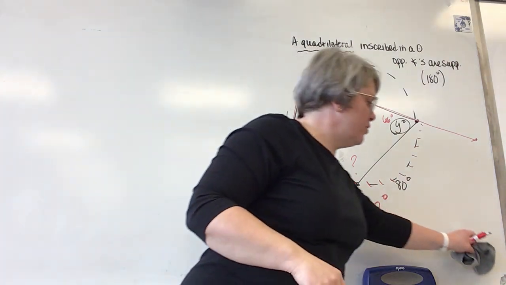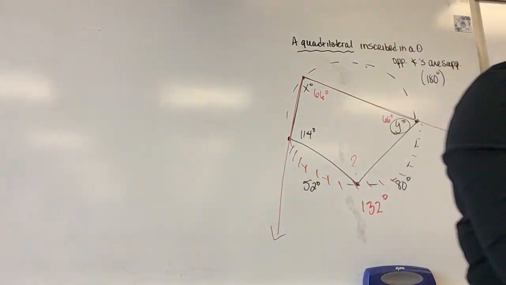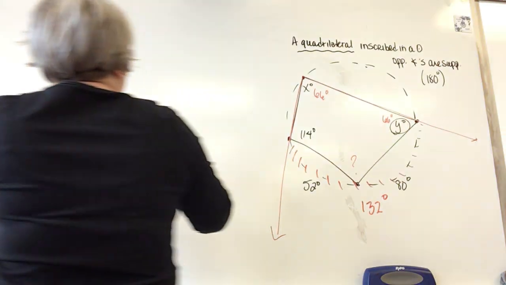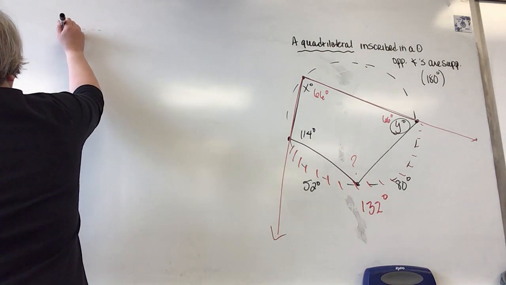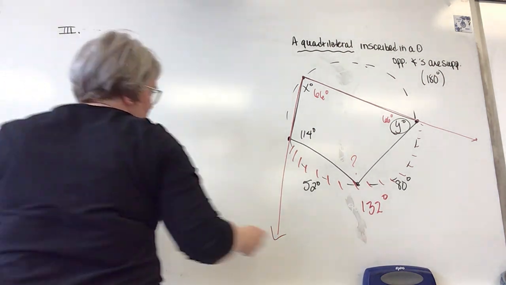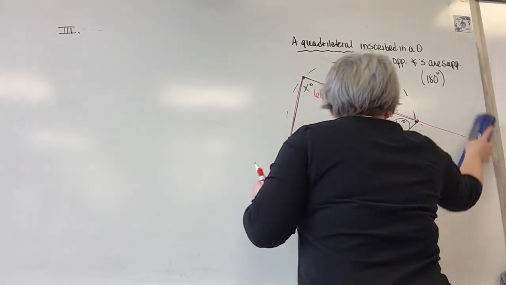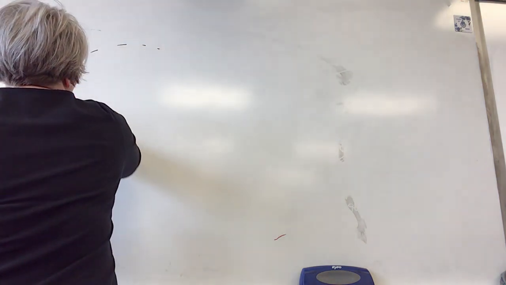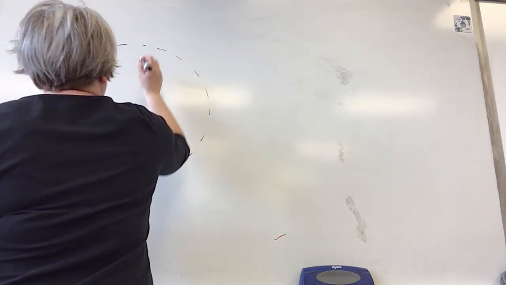So draw another circle. So this is case 3. This is case 3. And I have a name for this, but maybe you'll come up with a different name that you like better.